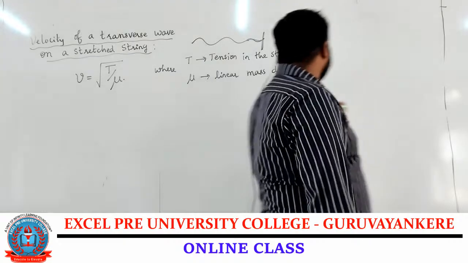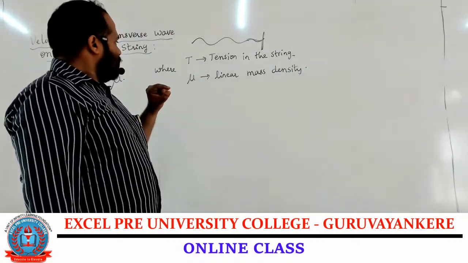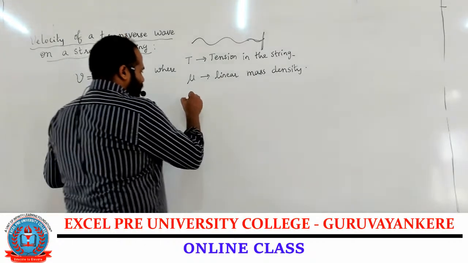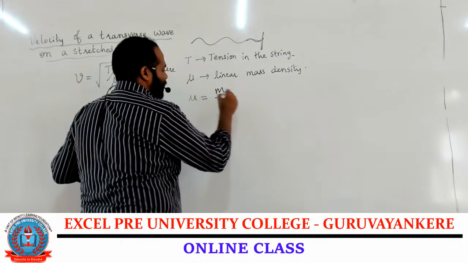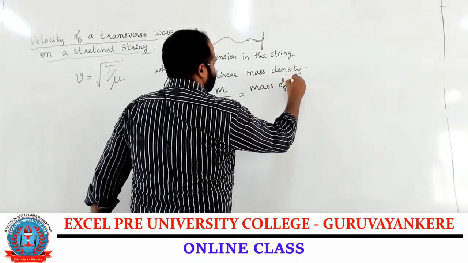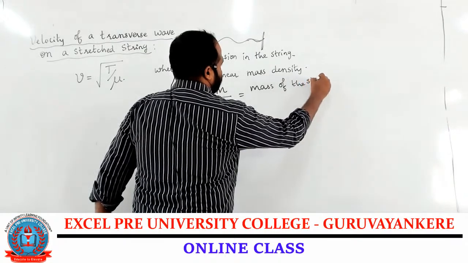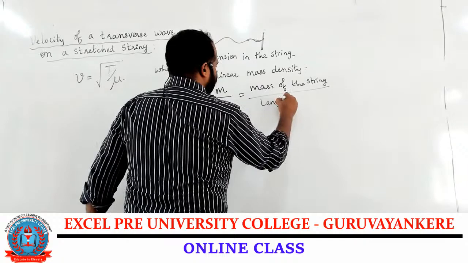Okay, so linear mass density means mass per unit length. That is mass of the string divided by length of the string.